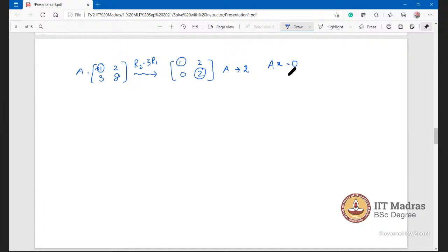Therefore, the only solution for X is the zero vector. Only when X is equal to 0 and 0 do you get a 0 output. So this matrix is invertible, since its determinant is not equal to 0, and its null space contains only the zero vector. So the null space of A is only the zero vector.